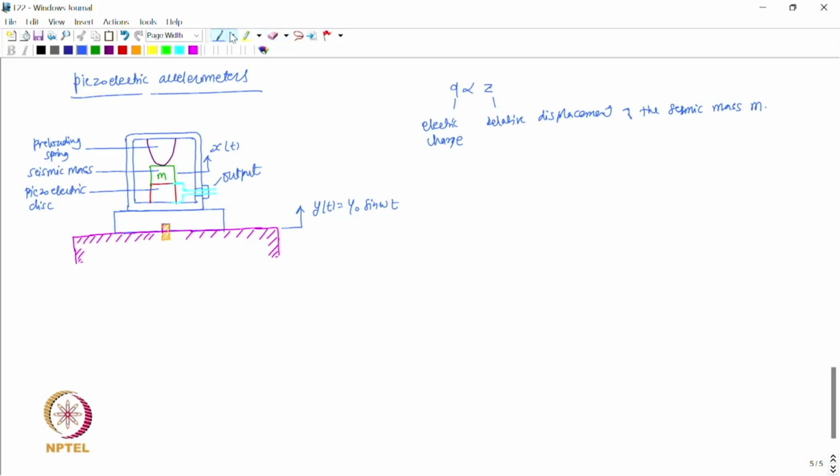The piezoelectric disc is made from piezoelectric materials. The common piezoelectric materials are quartz, barium titanate, and lead zirconate.